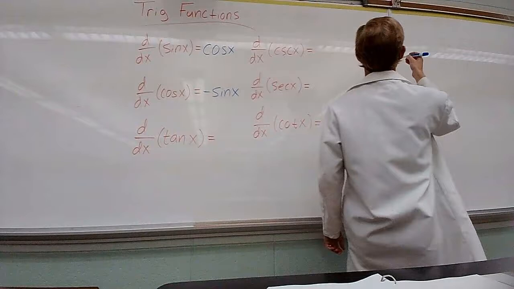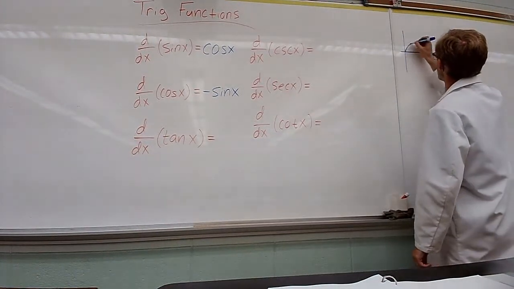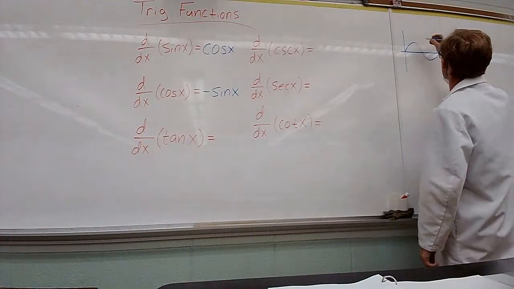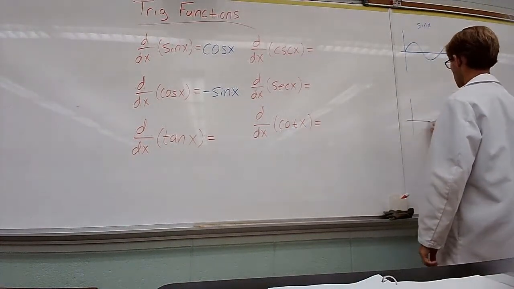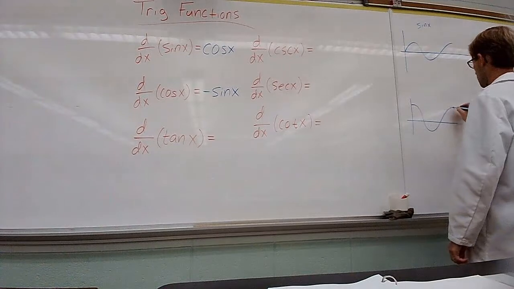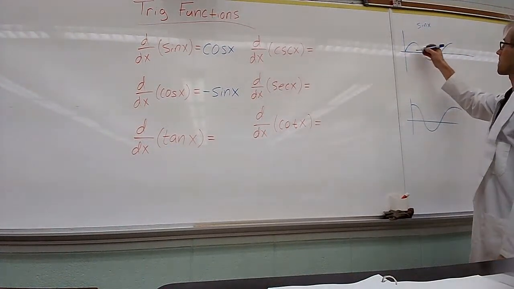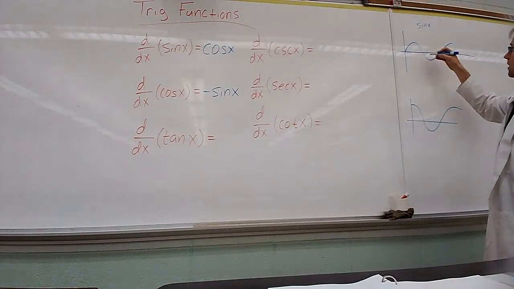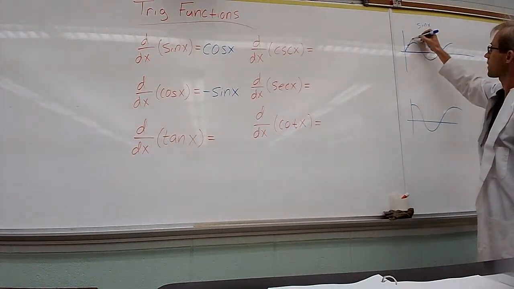Can you graph it? Sure. Because I can picture it. Wait, hold on. This is sine. This is cosine. If you take the derivative of sine right about here, it's going to be a positive number, right?